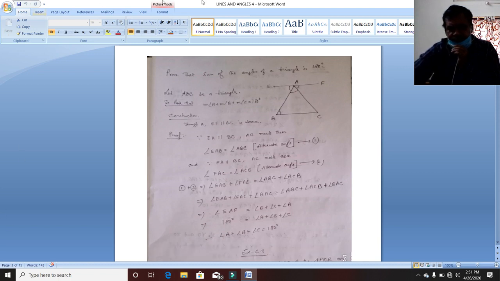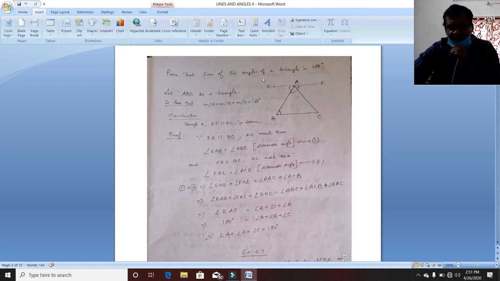Prove that the sum of the angles of a triangle is 180 degrees. You know this thing. So you see I have taken this triangle ABC. This concept you know. In earlier classes you have done it, proved it.